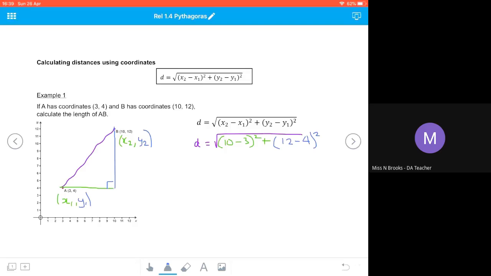Now, if you're putting this into a calculator that doesn't have a square root button that will go over the top of everything, make sure that you put in brackets around everything that's underneath that square root sign when you're typing it in.